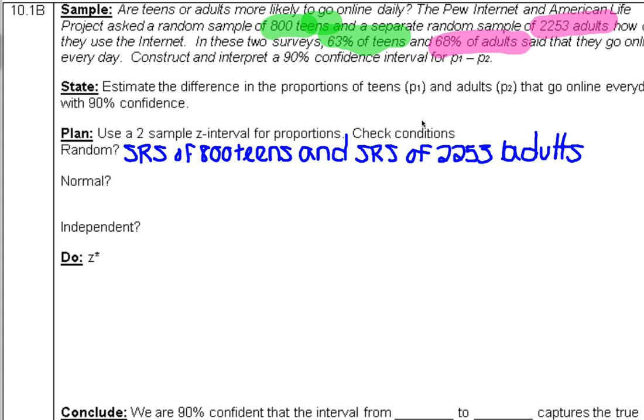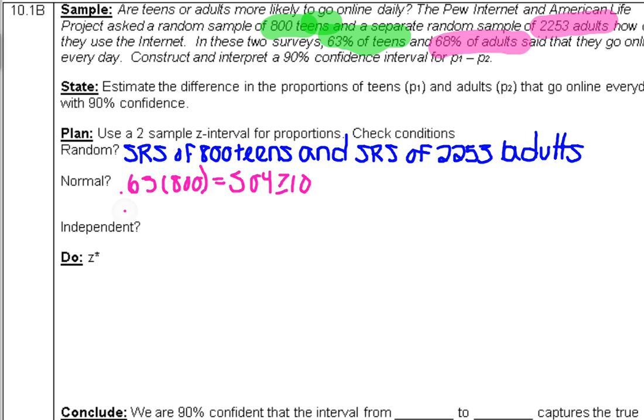Okay, so then we're going to go ahead and check our normal conditions. So I'm going to check for teens first. 0.63 times 800. Let me grab my calculator here. 0.63 times 800 is 504, which is definitely greater than or equal to 10.